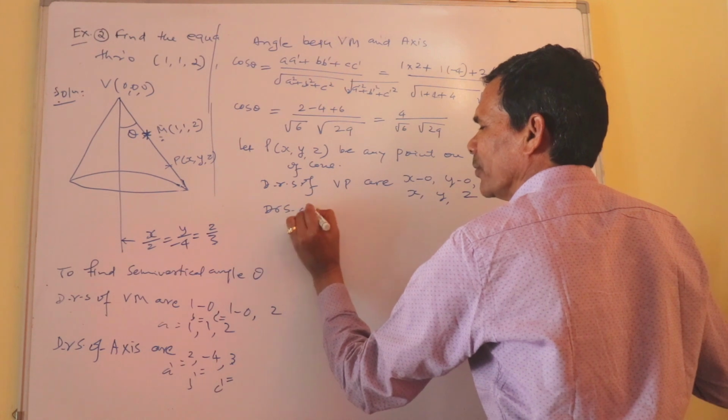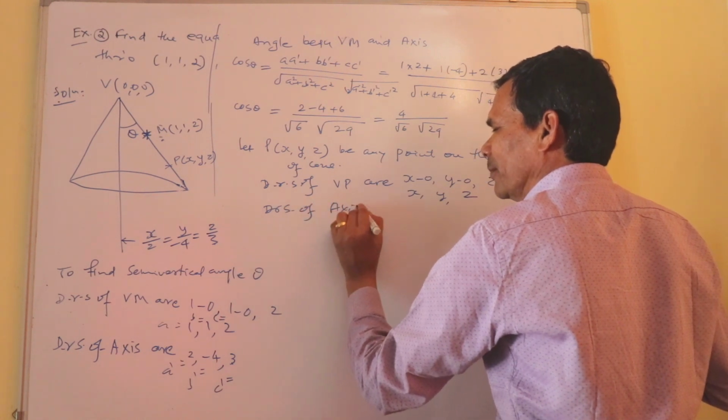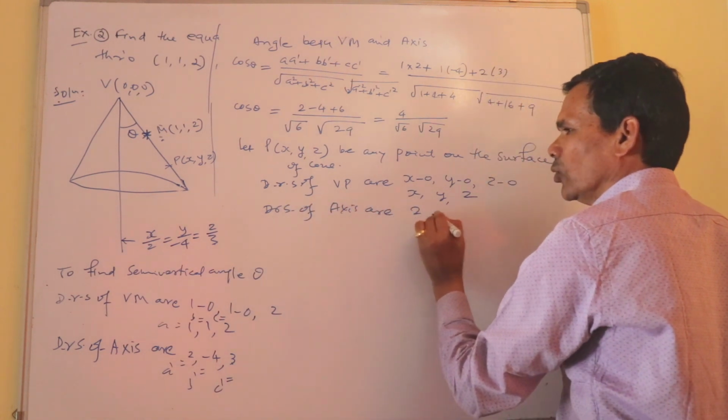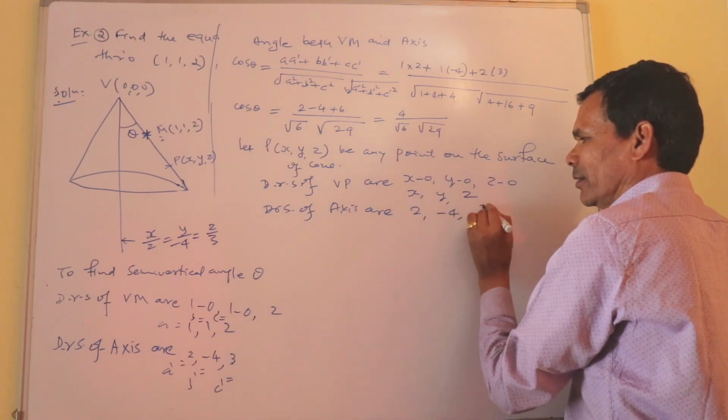The direction ratios of the axis are 2, minus 4 and 3.